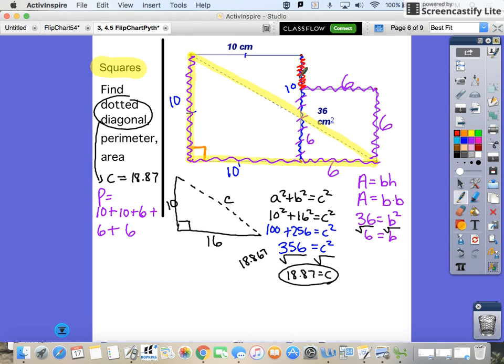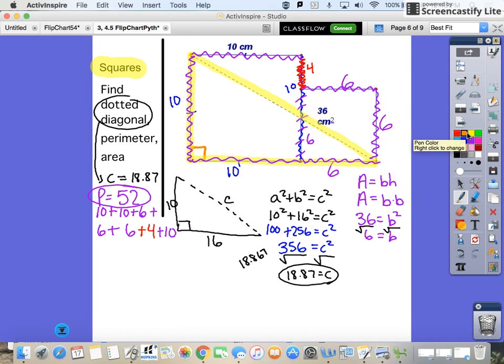This. The whole line is 10. The whole line is 10. This portion is 6. That means what's left is 4. So we need to do plus 4. And plus 10. So we got 10, 20, 30, 40, 52. Our perimeter is 52.